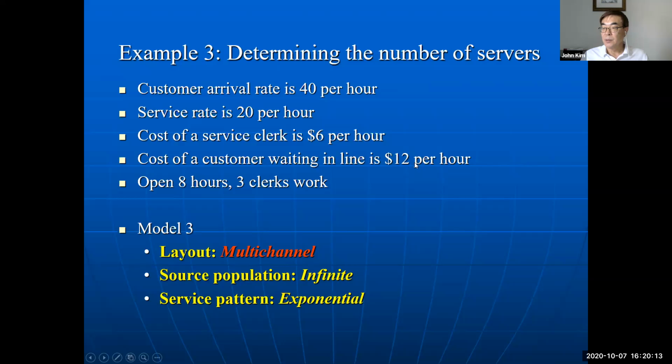Customer's time is variable, so customers wait in line, and we can value a customer's cost. In this example, $12 customer cost per hour, open 8 hours, and 3 clerks work.